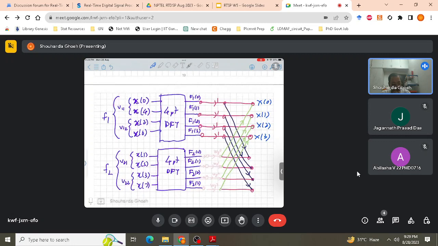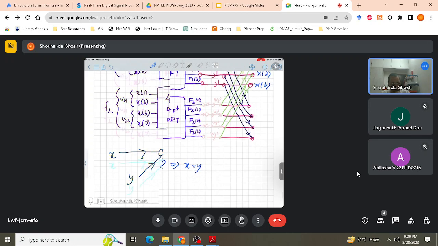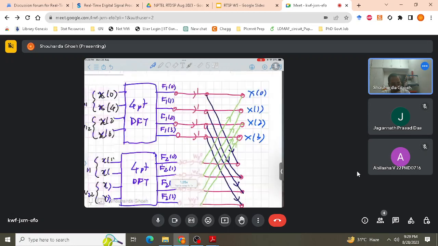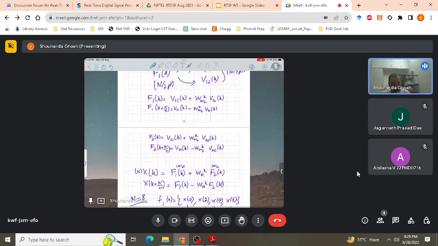Whenever two branches meet at a point, that's a summing node. You have a signal x and you have a signal y. The output over here will be x plus y if there is no negative sign given at any of the edges. Now we saw in x of k that there is a positive sign, so you won't add anything.